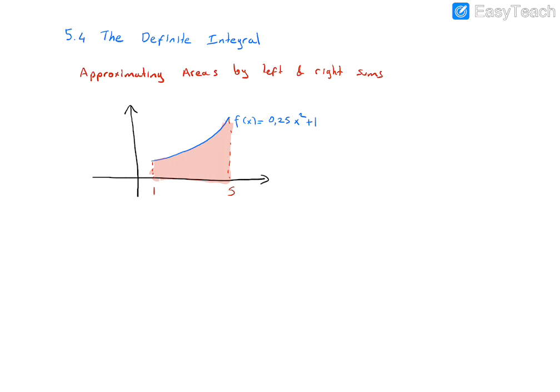That is, how do we find the area under the graph, bounded by the graph of f of x, 0.25 x squared plus 1, the x-axis, and the vertical lines x equals 1 and x equals 5?